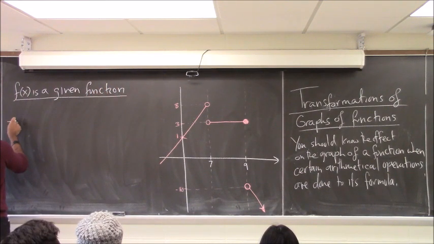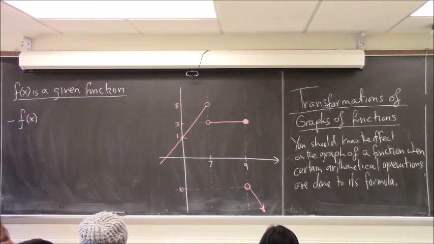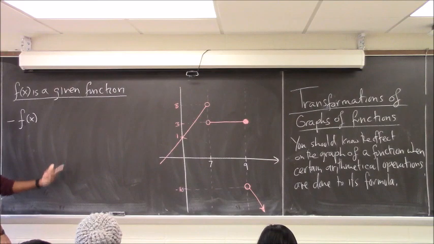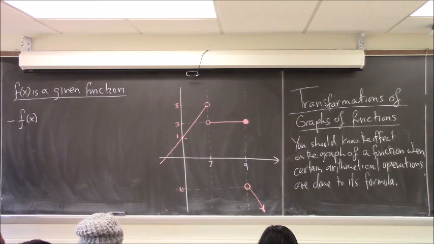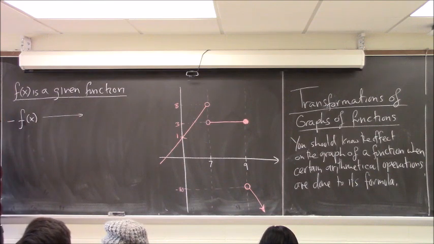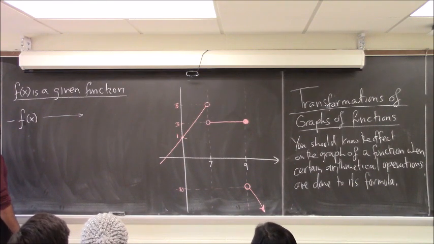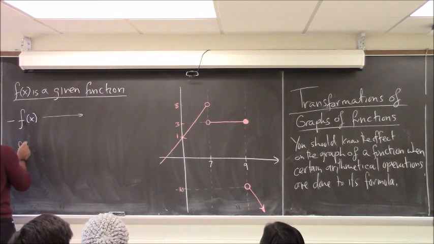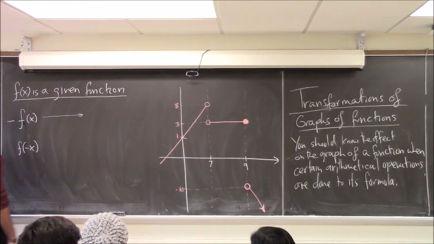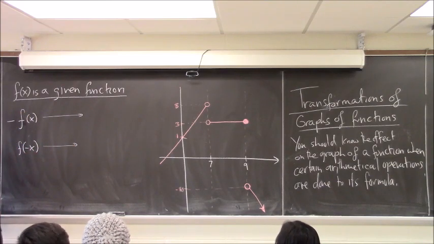If you take the negative of f, you should know what that would do. If you just put a negative sign in front of the entire formula, how does that affect the graph? Versus if you replace all x values with negatives, what does this one do?